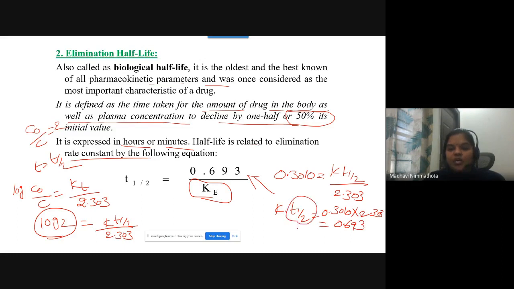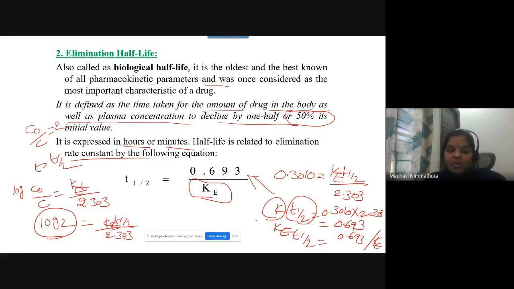So here you want T half. T half is equal to 0.693 by Ke. This K is here Ke. Each and every time you need to write Ke, don't write K. Ke is the elimination rate constant.